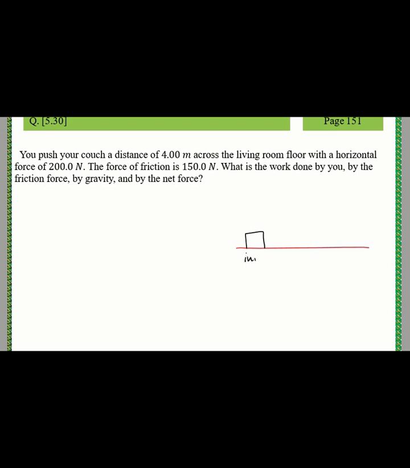This is the initial position, and the final position is somewhere here, where the distance between them is 4.